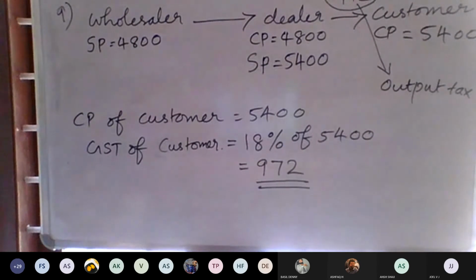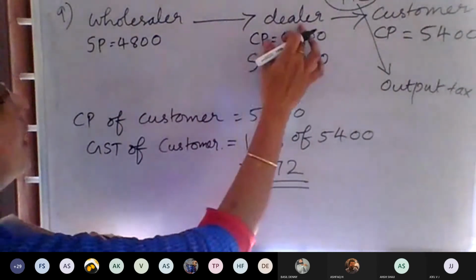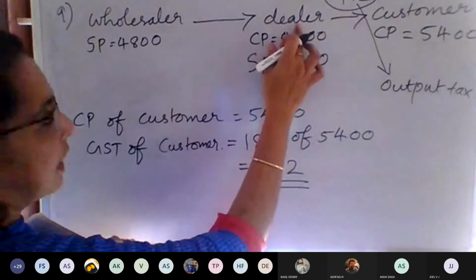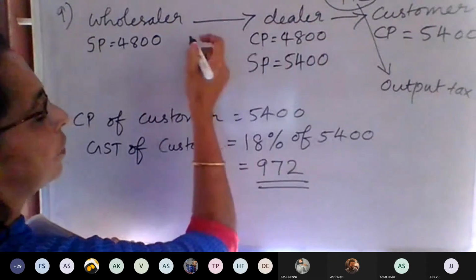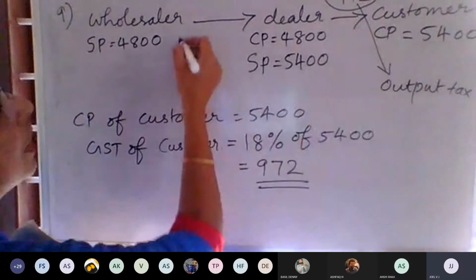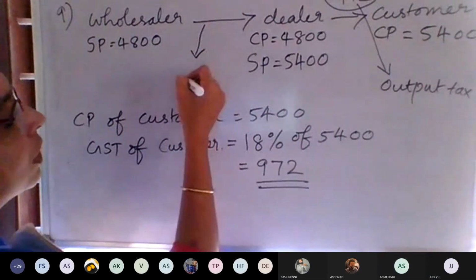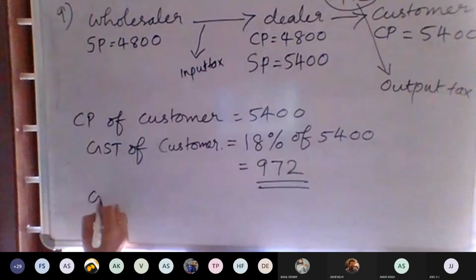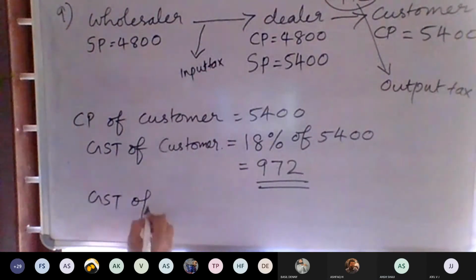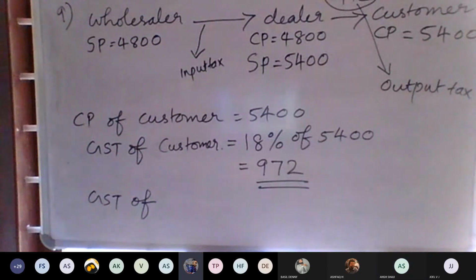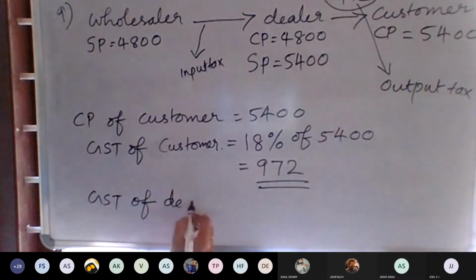So how can we find the tax paid by the dealer to the government? We also want to find out the input tax. How can we find the input tax? That is the GST of dealer. Very good.